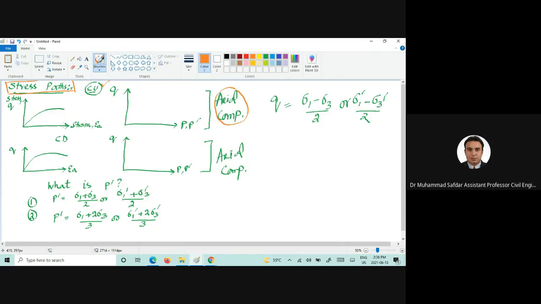Till now, we already know that we can easily plot the data from the triaxial test, if you want to plot the deviator stress versus axial strain response in consolidated undrained condition. Now the question we need to answer is, how about the stress path in consolidated undrained condition?